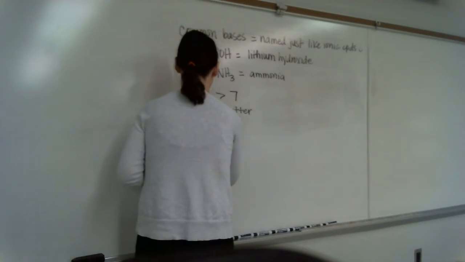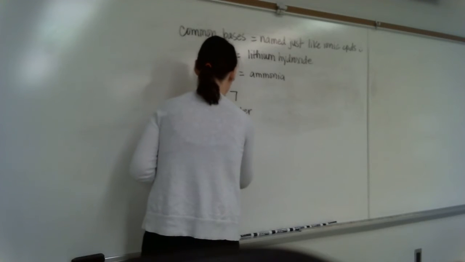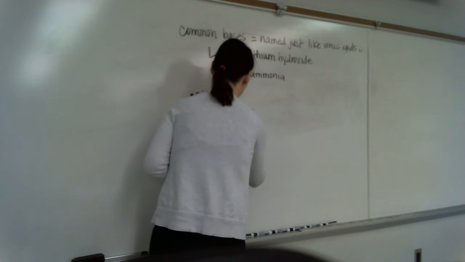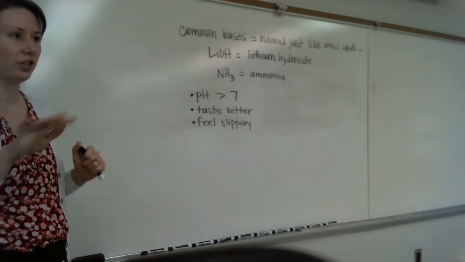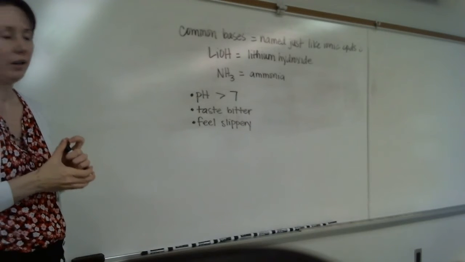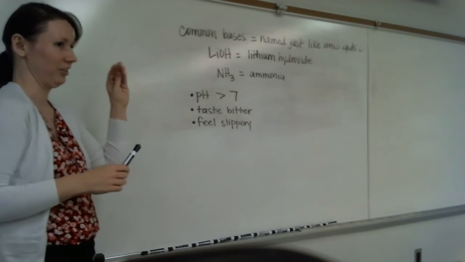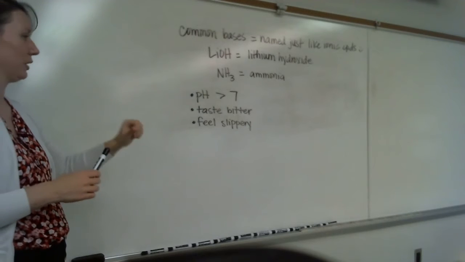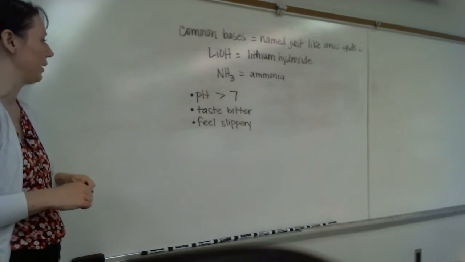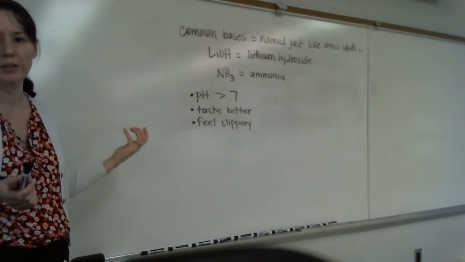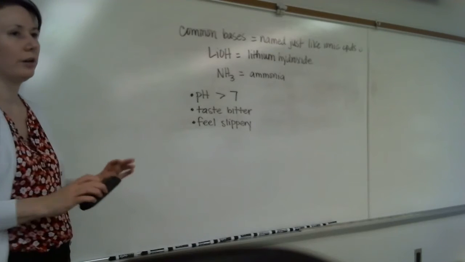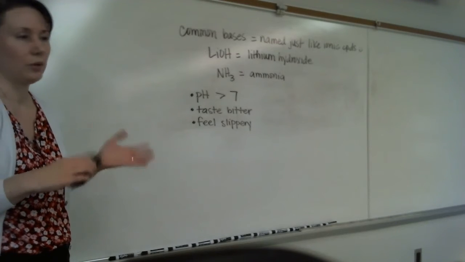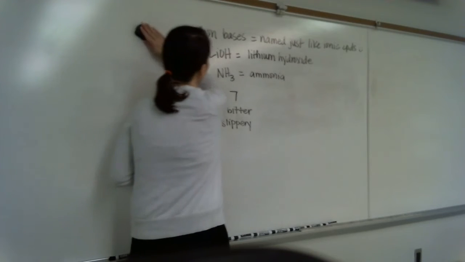They also feel slippery. If you're ever spraying down your sink in your kitchen to clean it and you're using a basic cleaner, you get it on your hands, it feels kind of slimy and slippery. That's the property of the common base. All right, so those are some general physical properties of common bases. Everybody good on common bases? No new rules to learn there.